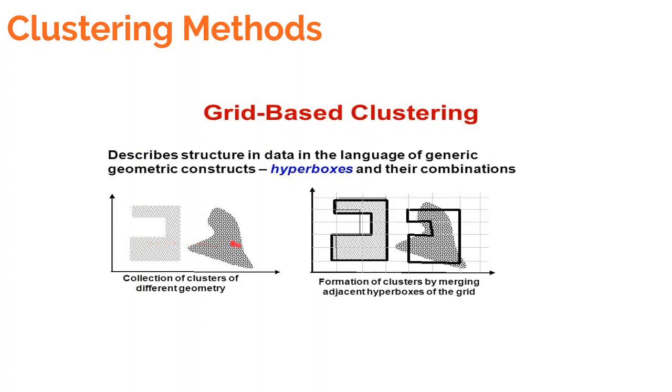Then these two different clusters are put together in this grid-like structure. You can see this is a grid in a transparent form. There are some horizontal lines and vertical lines to make a grid, and in this grid these two objects are put together.